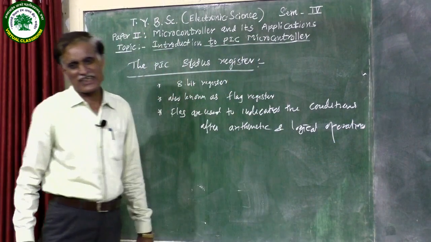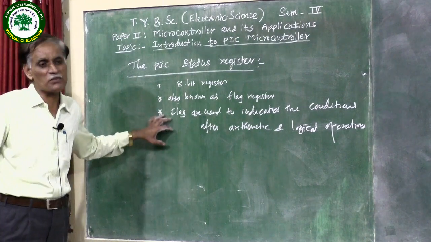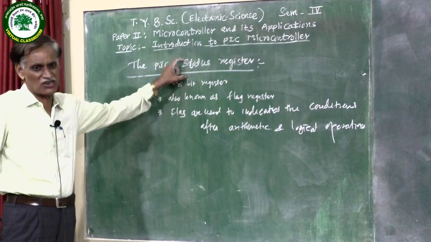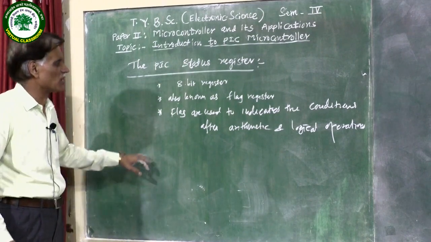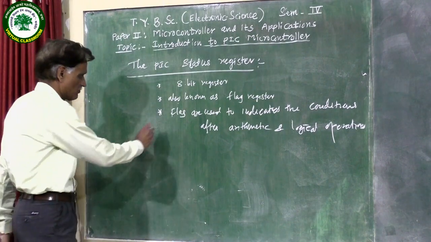That means after execution of arithmetic and logical instructions, the status of the CPU will be indicated with the help of a register known as status register, or some people may call it a flag register.